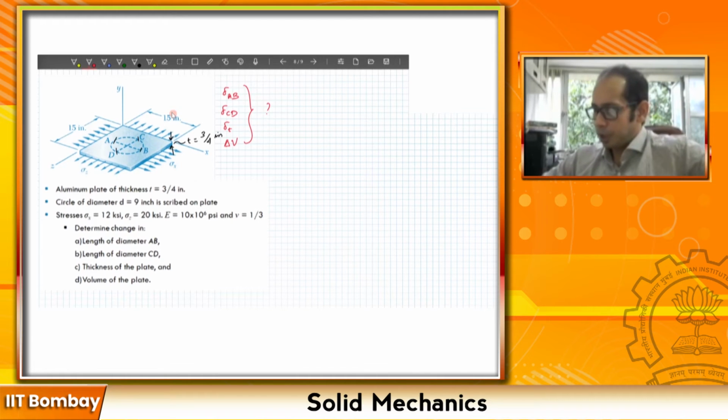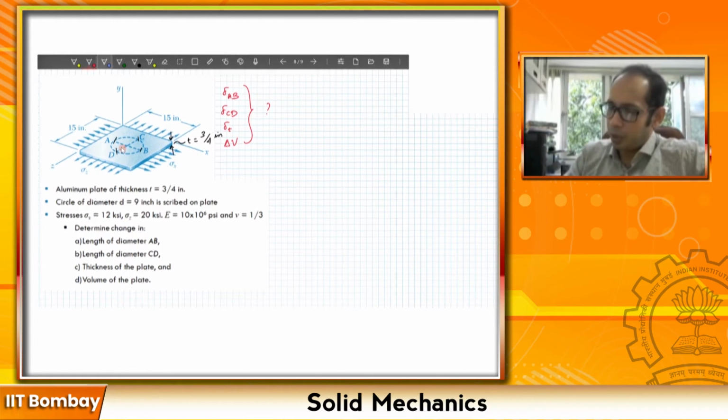For the first one, I am trying to calculate my change in length in the diameter AB, which is along the x direction. So I am going to have to calculate my epsilon x. We already derived this, and as I said, if you write this more and more, it will get ingrained in your memory.